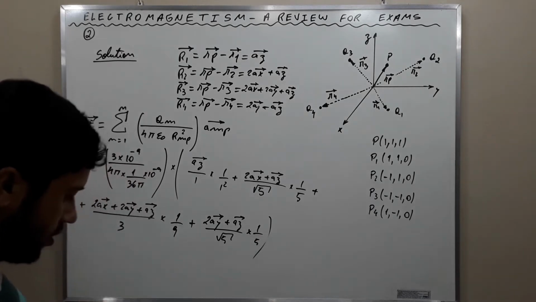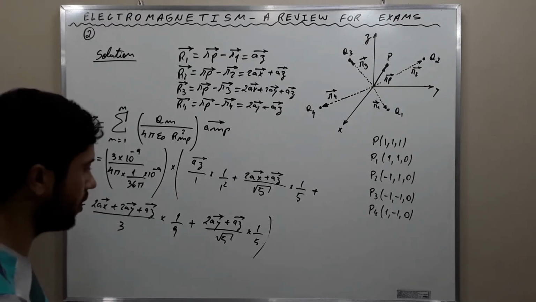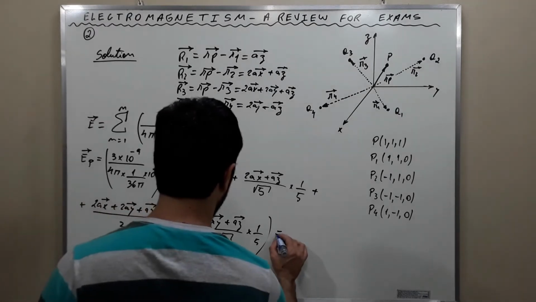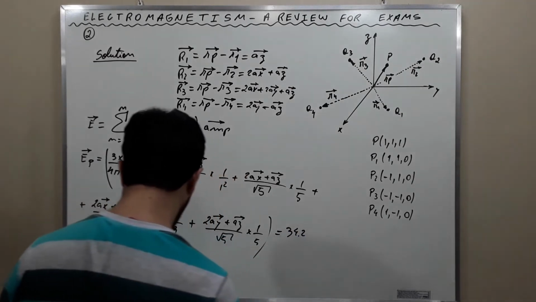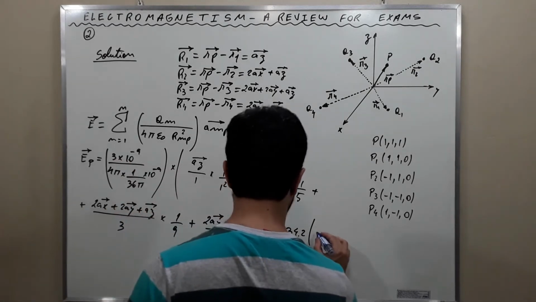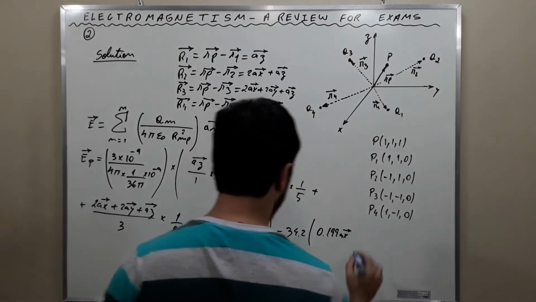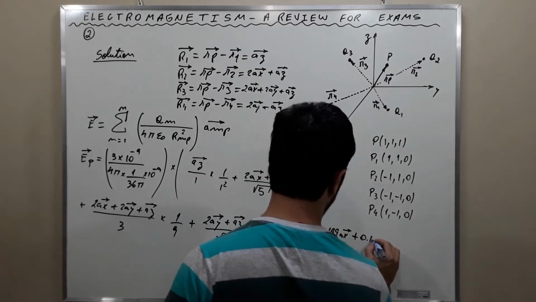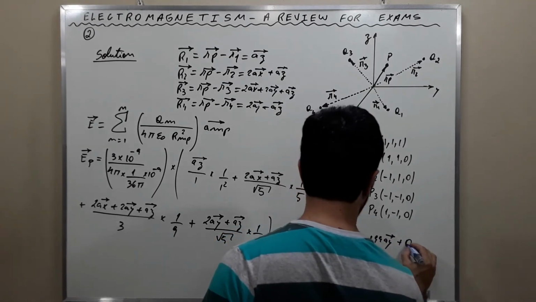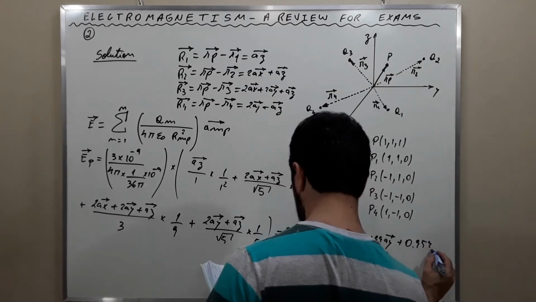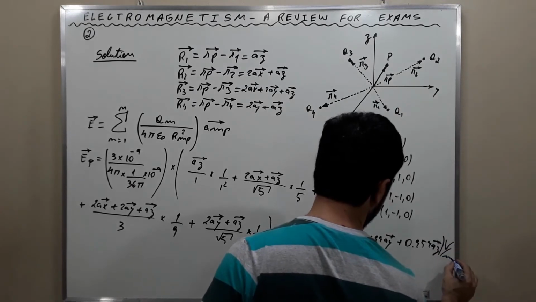If we develop this, we continue developing, of course, and we get that this is equal to 34.2 in the direction of 0.199ax plus 0.199ay plus 0.959az volts per meter.